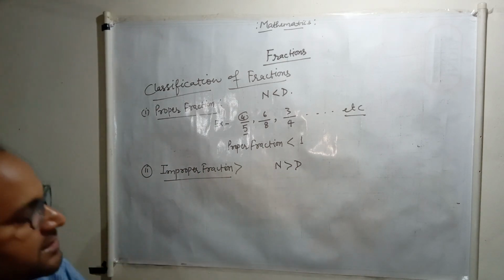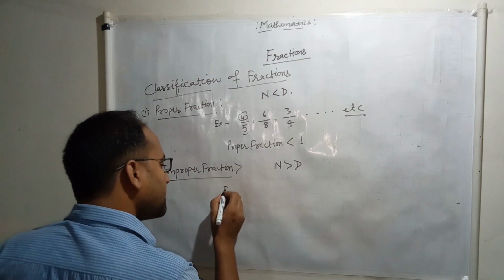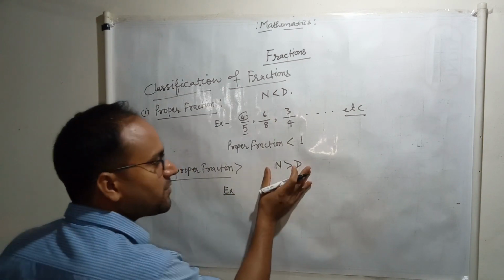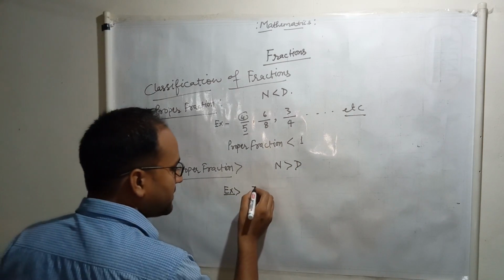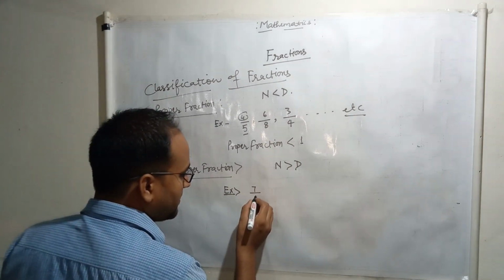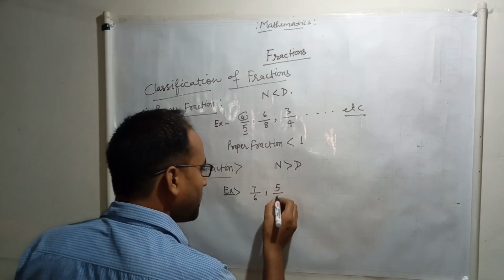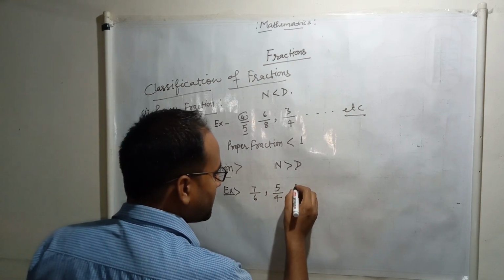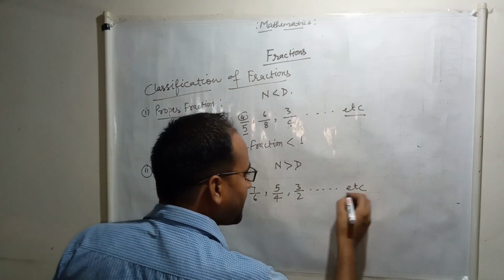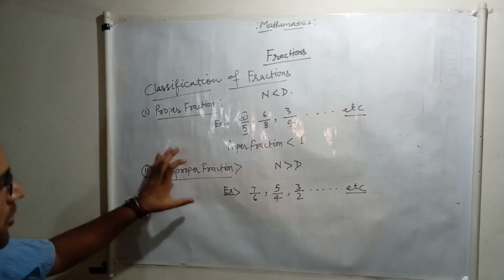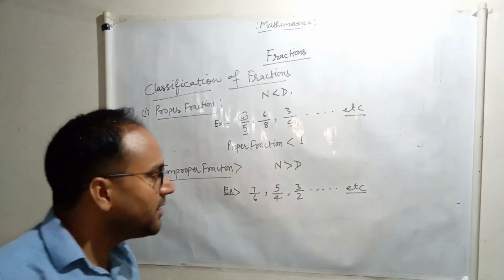For example, 7 upon 6, 5 upon 4, 3 upon 2, etc. It means that an improper fraction is one whose numerator is always greater than its denominator.